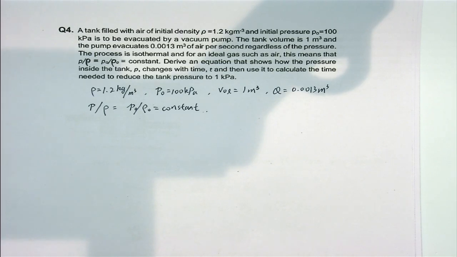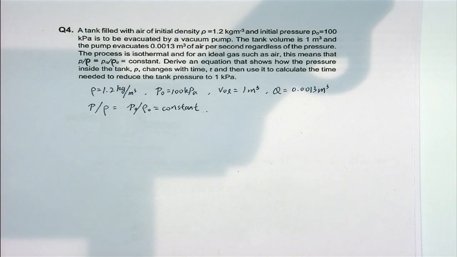So the first thing to ask is which parameters change during the variation, for example, pressure, density. So it is different from the other questions because the density changes.